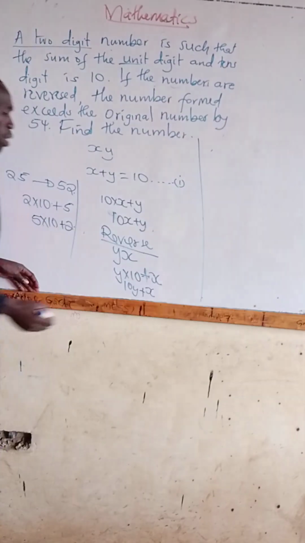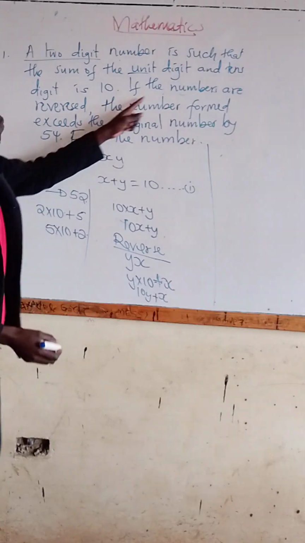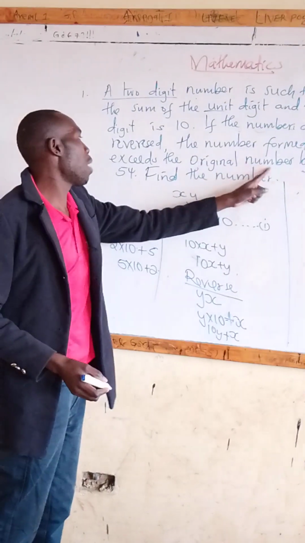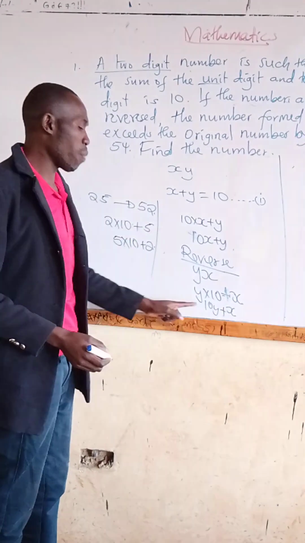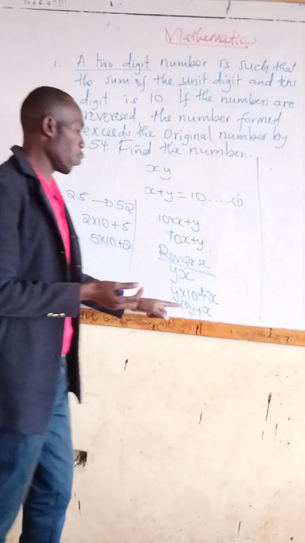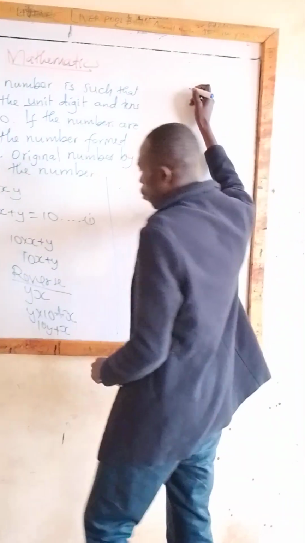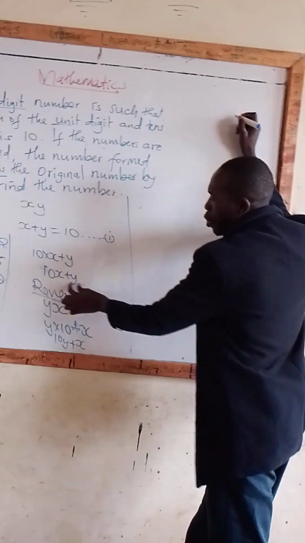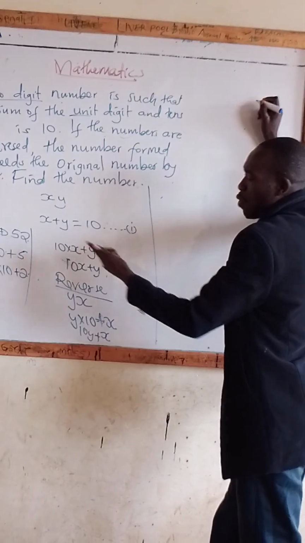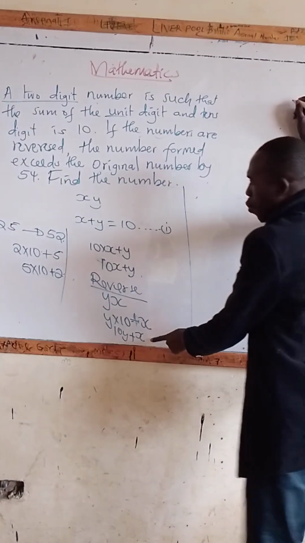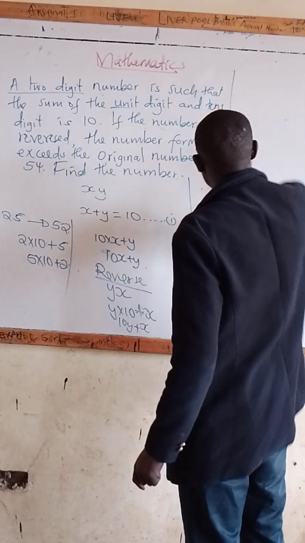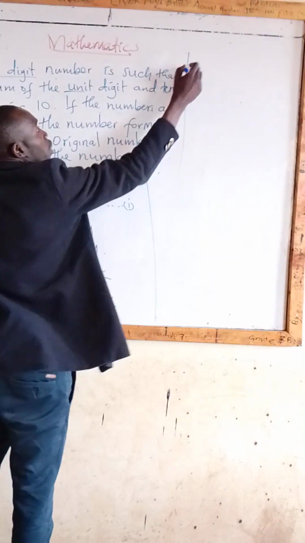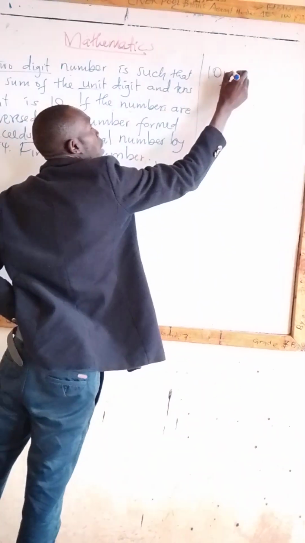Now you are told that if the numbers are reversed, the number formed exceeds the original number by 54. Exceeds means more than. We can do it in two ways. One: the original number plus 54 is equivalent to the reversed number, 10y plus x.